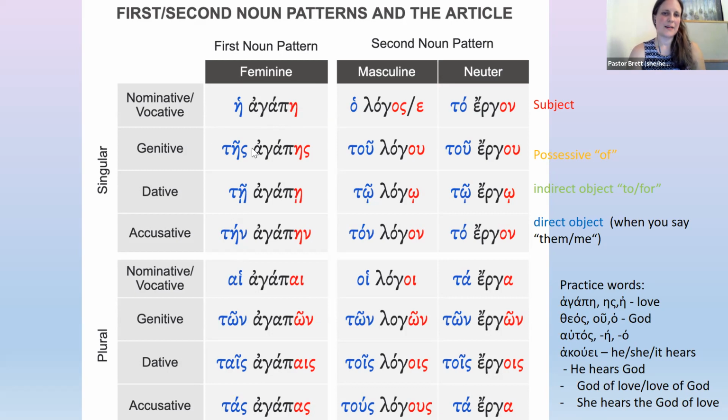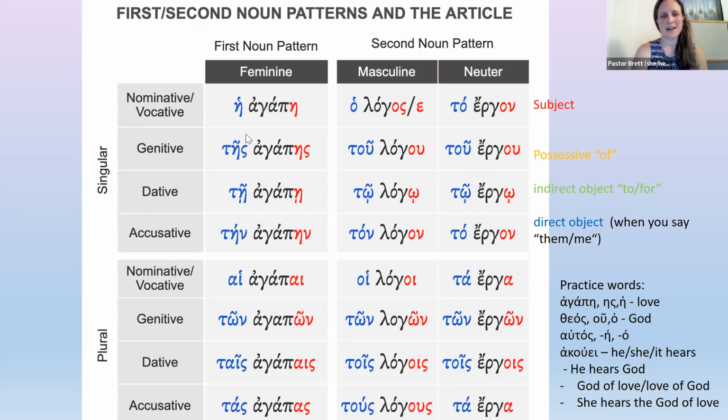If it's love, but it's of love, so it's the possessive form. So often we would translate that with the word "of" in English. I just like to put that there as a helping word. So like the words of love.